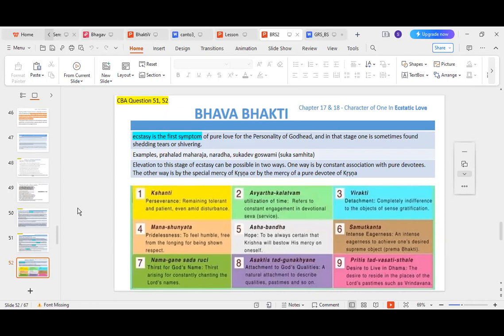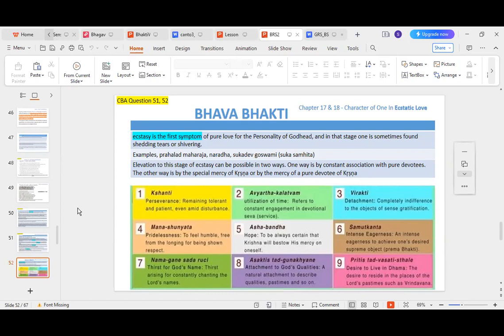Immediately he became like a madman, like how politicians do in the parliament, throwing paper and tearing things. Outwardly it might look strange, but actually he's in that wonderful mood. So that is ecstasy. Ecstasy will vary for each and everybody, there is no single defined way of ecstasy. So what is the first symptom of ecstasy of bhava?